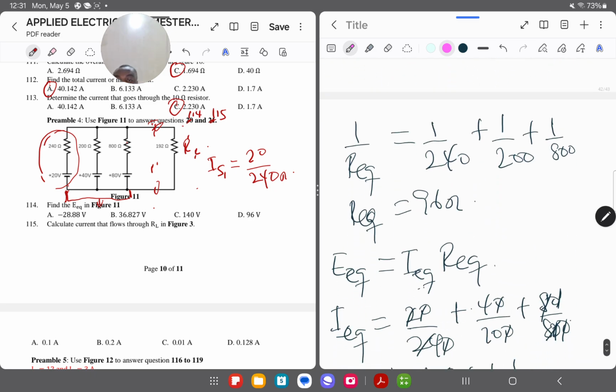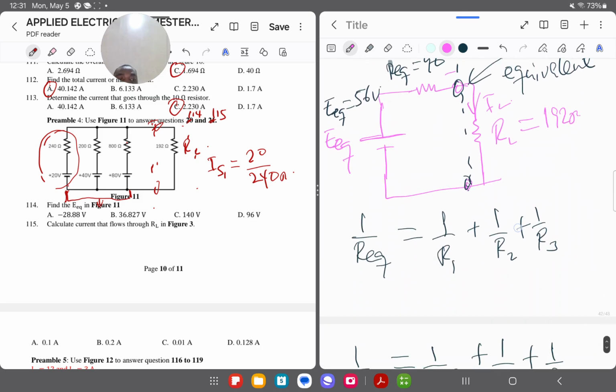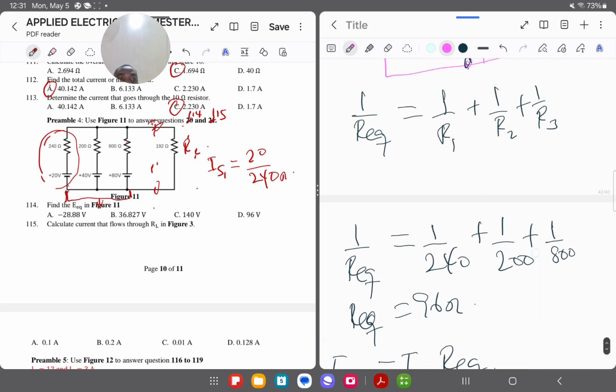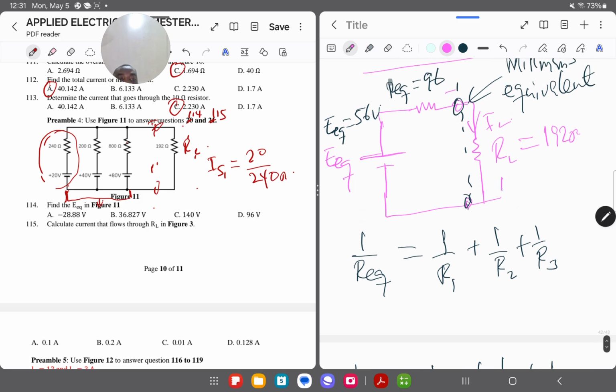So the current which is going to pass through the load resistor RL is equal to the equivalent voltage over the sum of the equivalent resistance plus the load resistance.